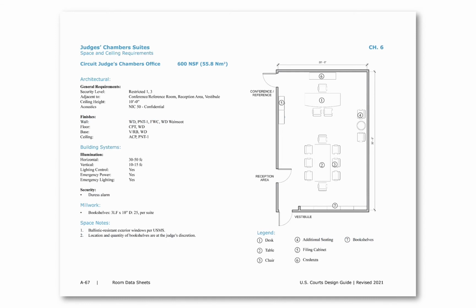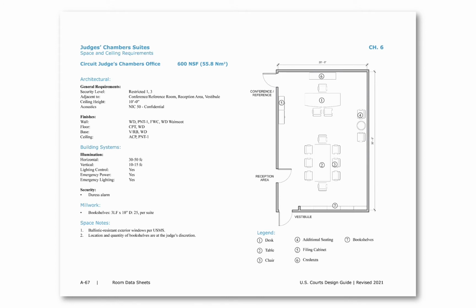A major feature of the guide is the inclusion of room data sheets or RDS located in the appendix. The RDS compile information previously contained in various chapters of the guide and consolidate it in one area. Each RDS contains spatial, programmatic, and technical requirements for a specific space.